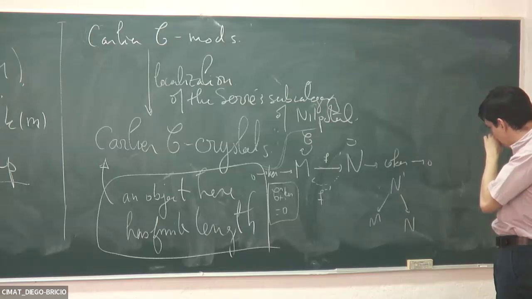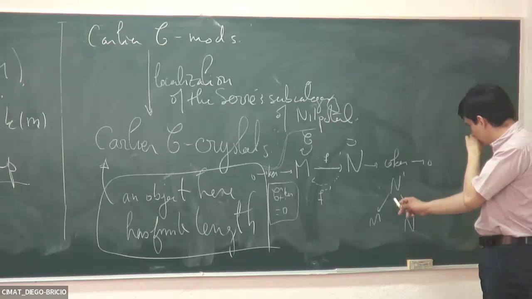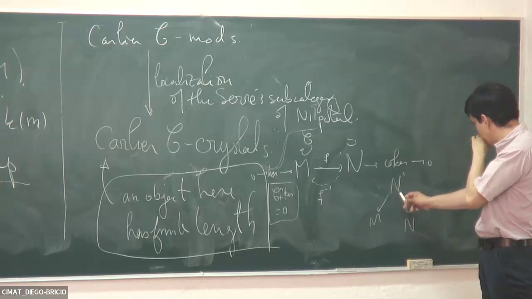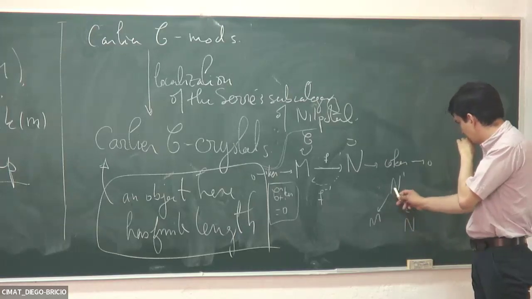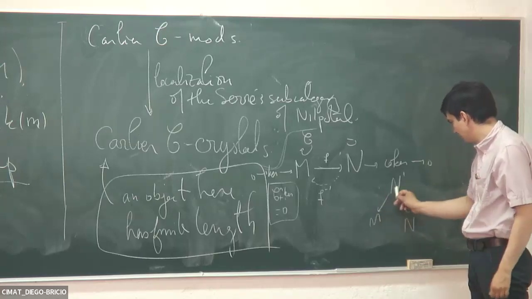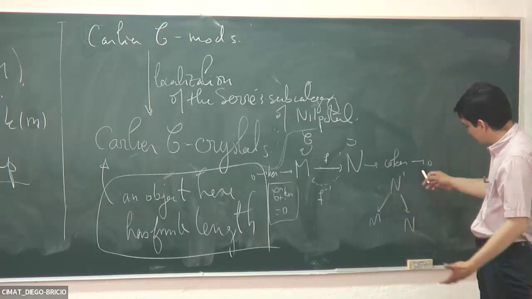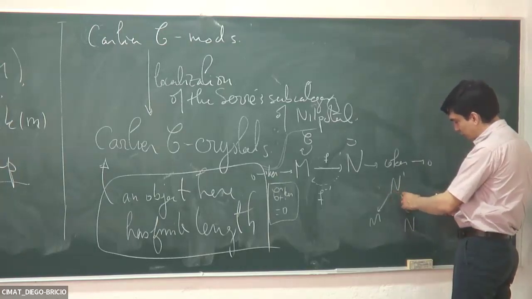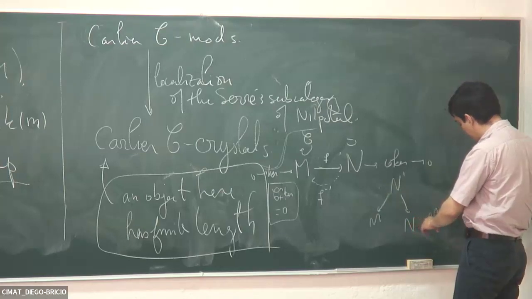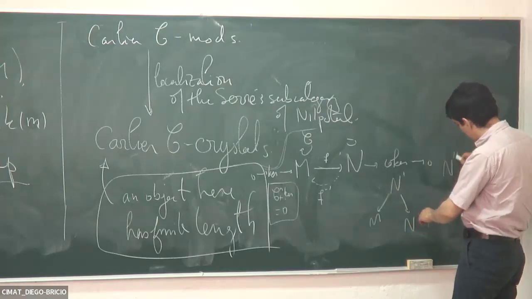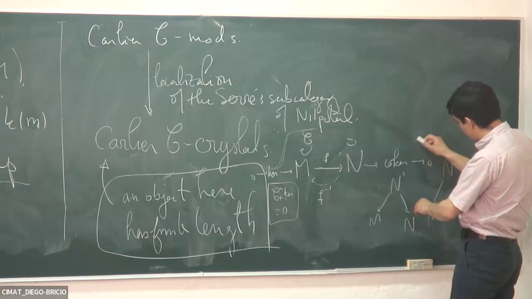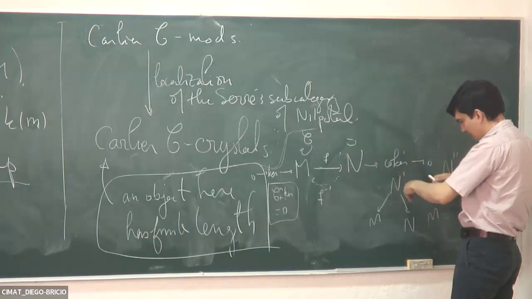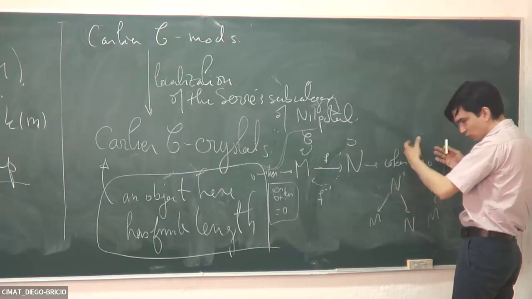You're allowed to take roofs, but one of the maps has to have kernel or cokernel being nilpotent. And a map is going to be an equivalence class of roofs, in the sense that you are going to say that two roofs are equivalent if they are dominated by a third one, and so on.